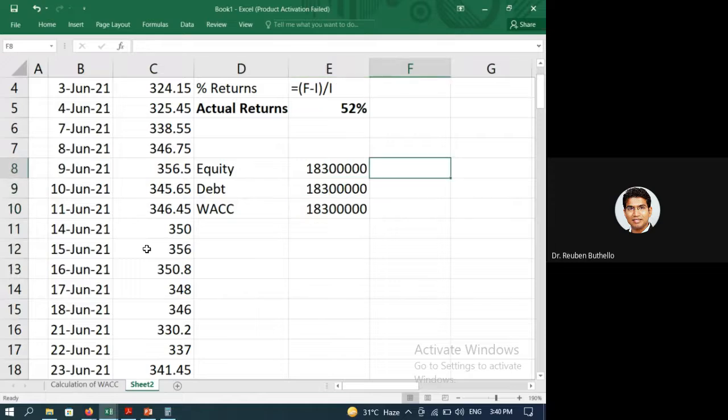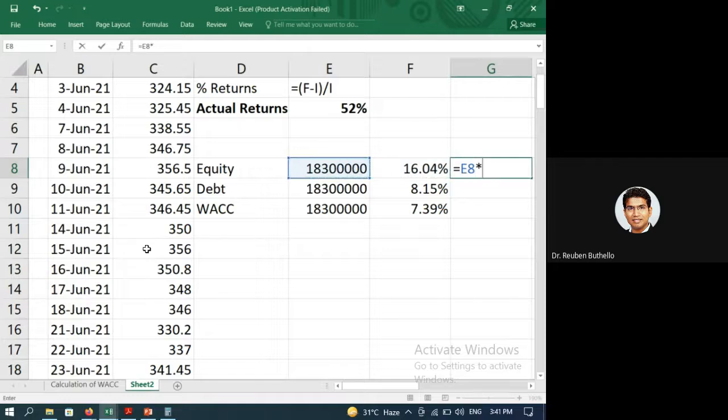What I would get is 8.15% for debt, and 7.39% for the combined.